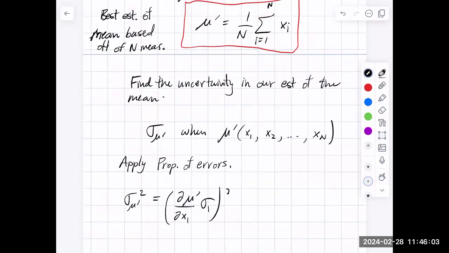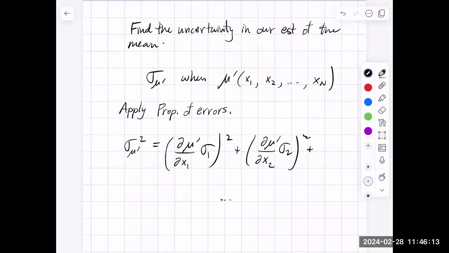Then we would square it, and then we would do d mu prime with dx2 sigma 2 squared. And we would do this for all n terms. Now, that looks like a bit of a mess, but we can simplify this.